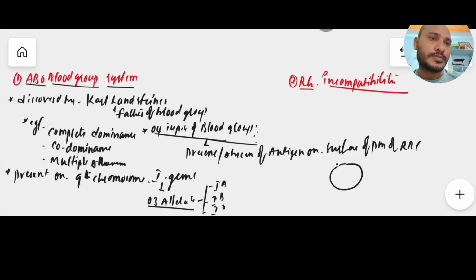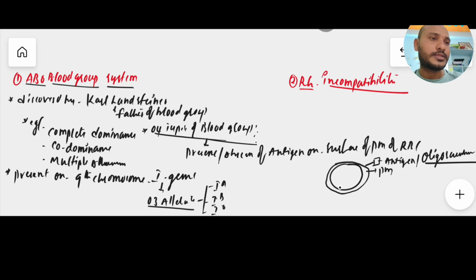RBC has a plasma membrane. On the surface of this plasma membrane are some special oligosaccharide structures. They are called antigens. Antigens are made up of oligosaccharide sugar chains.